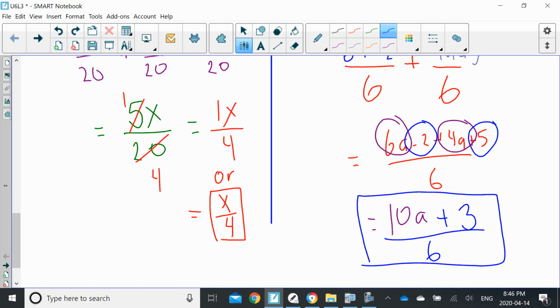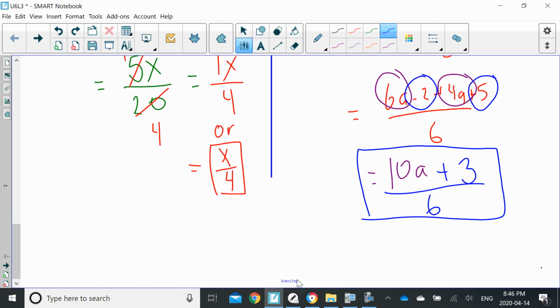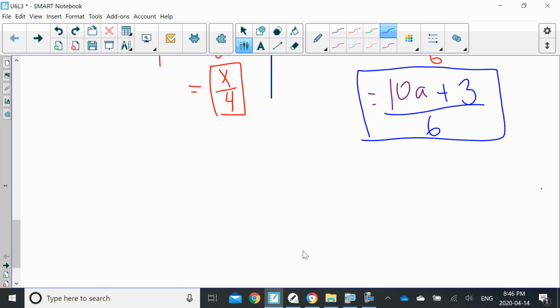And what I would do at the very end here, so 10a plus 3 over 6, is look at the 10, the 3, and the 6, and say, what's the biggest factor I could reduce this by? The biggest factor that you could pull out of all three of these is a 1, right? So I wouldn't reduce this at all. Let me show you a different example. Let's say you got this as an answer, 10a plus 4 over 6.